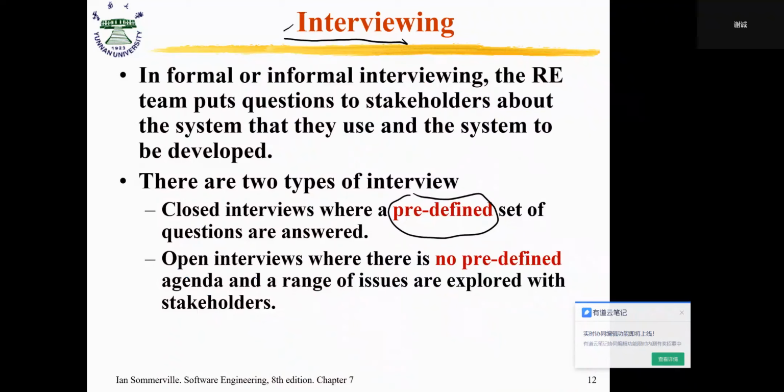Understand? Because both you and the customer do not completely know the requirements, you need an open interview. Then the customer will find some new requirements, and you will record them.